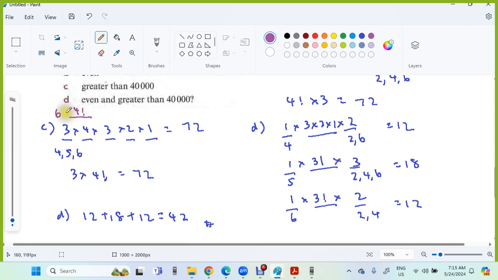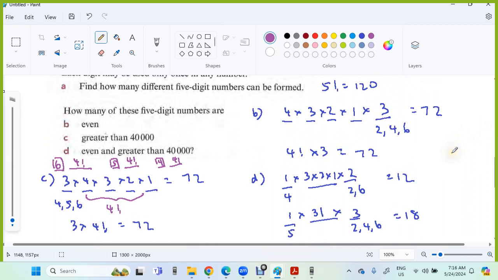That is 4 factorial. After we start with 6, we have 4 factorial, and I also can start with 5 and then we have 4 factorial. We start with 4, then we have 4 factorial here. So we have 3 times 4 factorial.